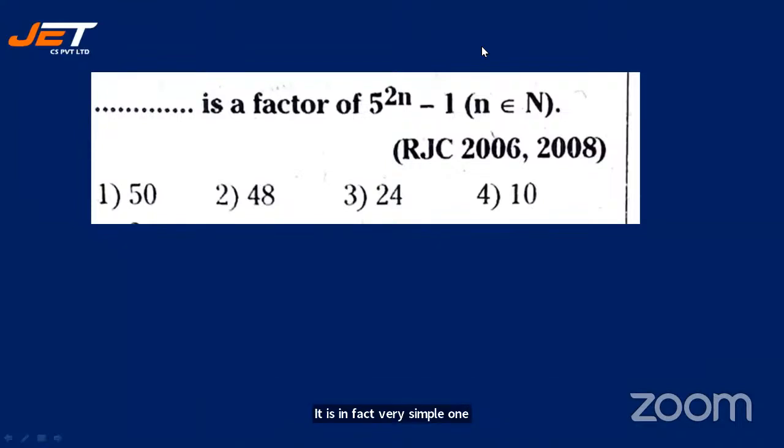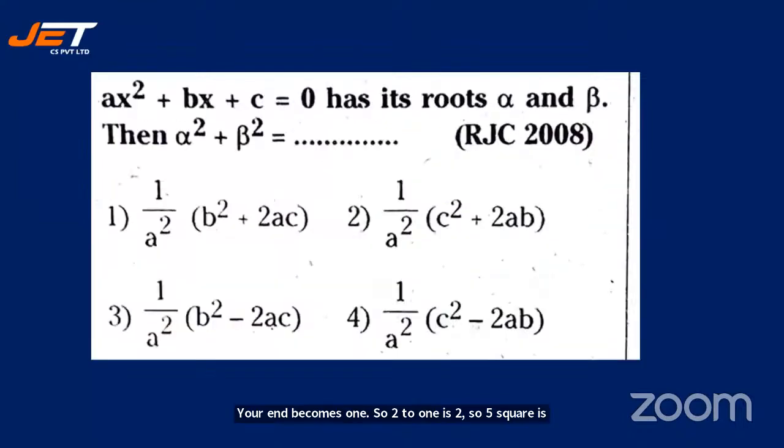Okay, Jnaneshwar, Harshita, you're all right. Kumari, check your answer. Pavani, you're right. All right, so many are giving me the answer. It is none other than 24. Your n becomes 1. So 2 into 1 is 2. So 5 square is 25, minus 1 is 24. All right. Yes, see the next question.